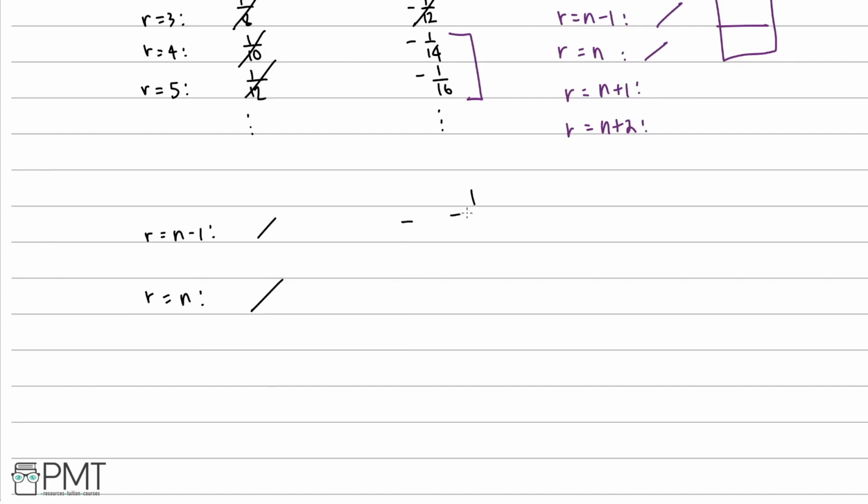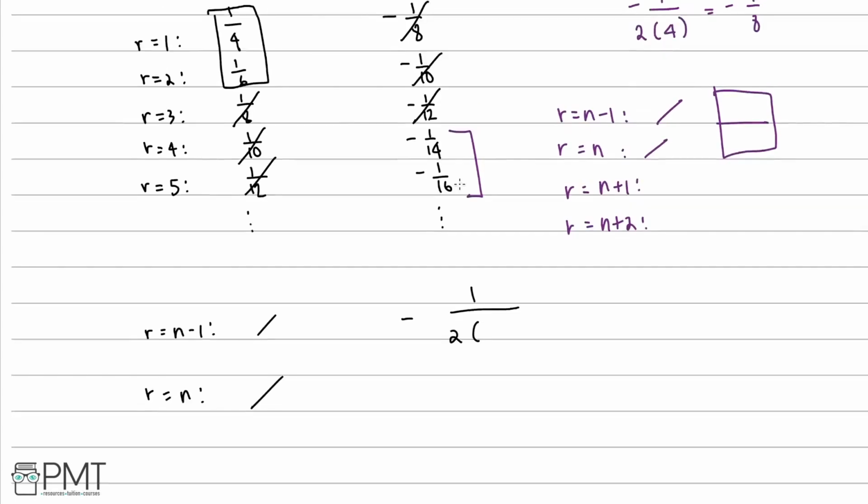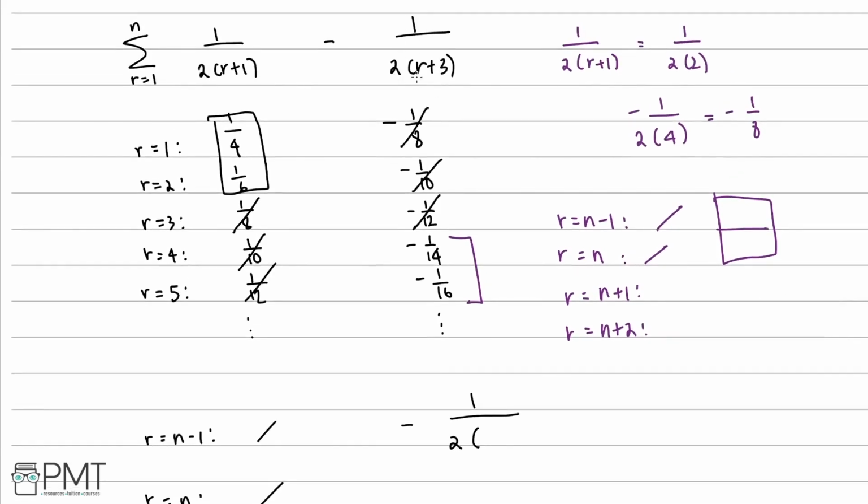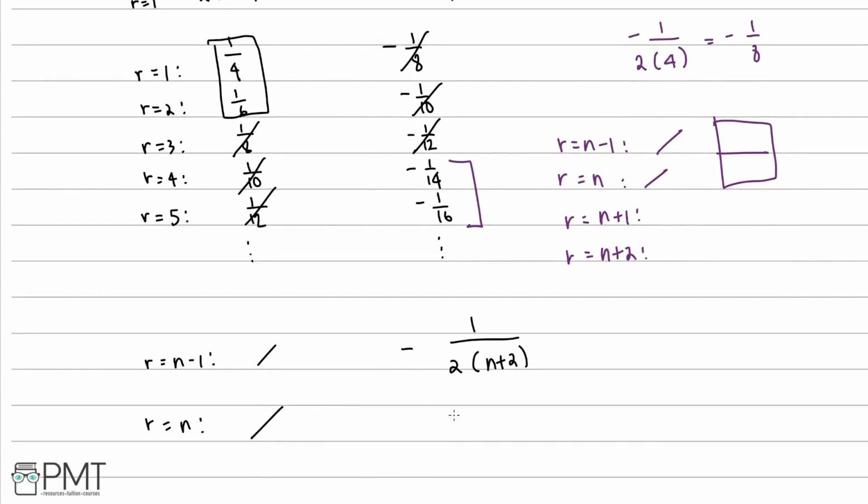Well, minus 1 over 2 times, if we look again at our equation, we will have 2 times r plus 3. When r is equal to n minus 1, n minus 1 plus 3 will just be n plus 2. And similarly, for r is equal to n, we will have minus 1 over 2 times n plus 3, since n plus 3 is just n plus 3.